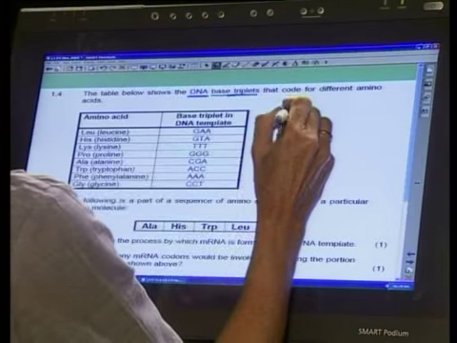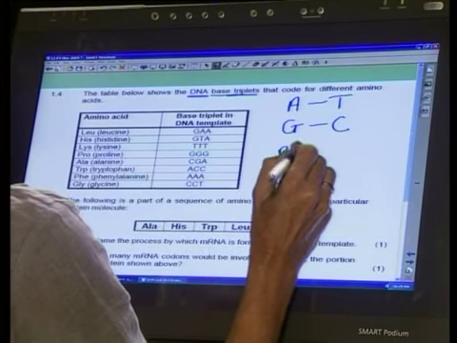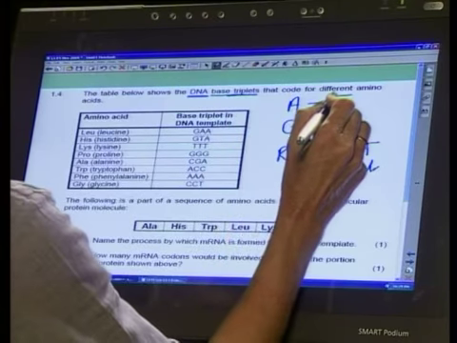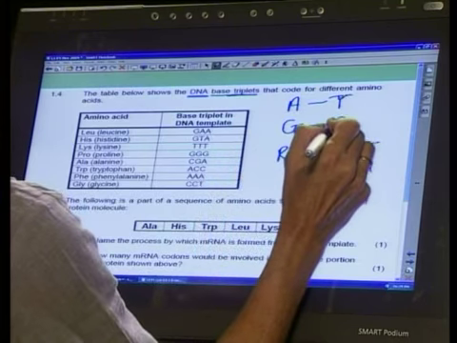You're going to say that A always combines with T, and that G always combines with C. Also remember that in your RNA, there is no T, only U. What I mean here is adenine will always combine with thymine, and guanine will always combine with cytosine.